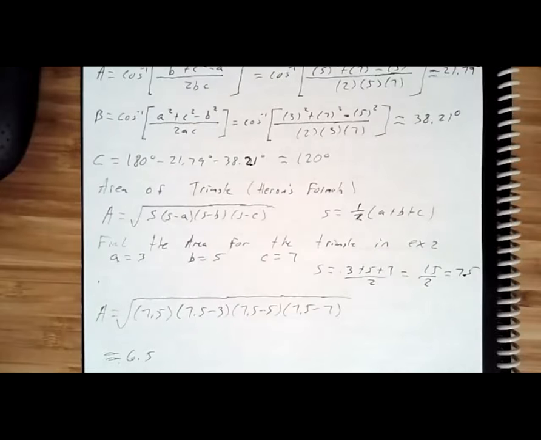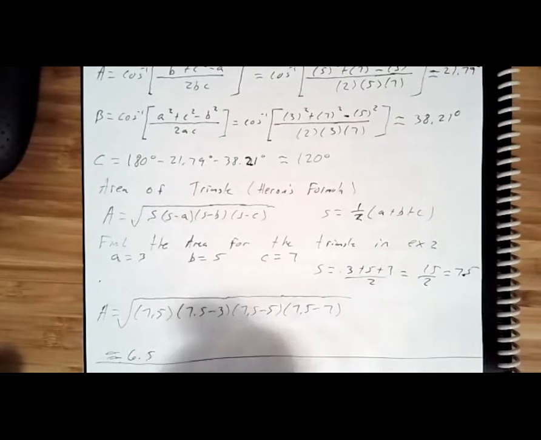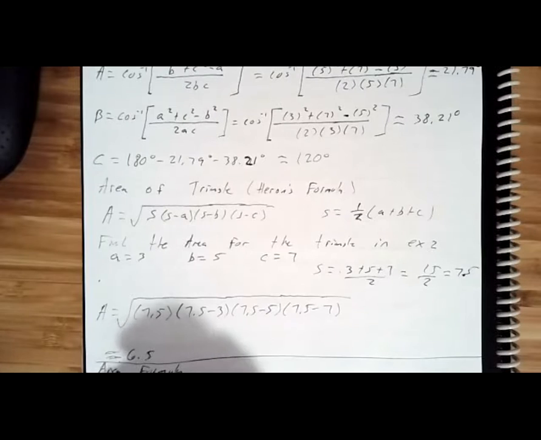There's some other formulas you can use if you're missing sides, but you can always find them and just use this, but I'll go ahead and give them to you if you choose to use them. So I'm going to call the area K. So let's say K is the area.